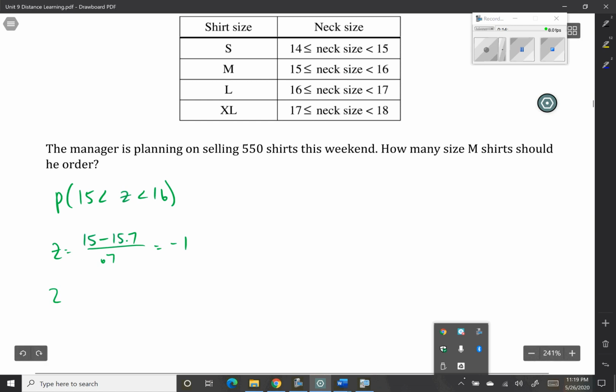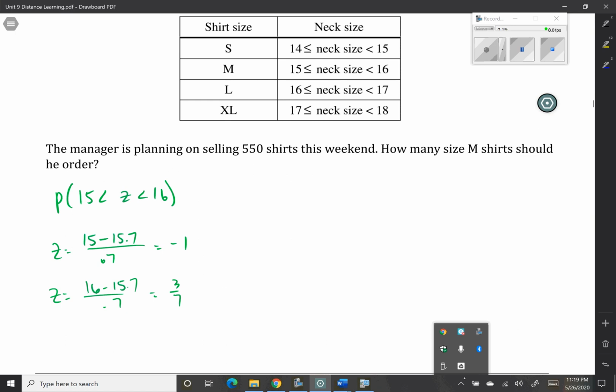The upper z-score is going to be 16 minus 15.7 over 0.7. So 0.3 divided by 0.7, I get a nasty decimal, which is just 3/7. So I want to find the probability that my z-score is between these two numbers.